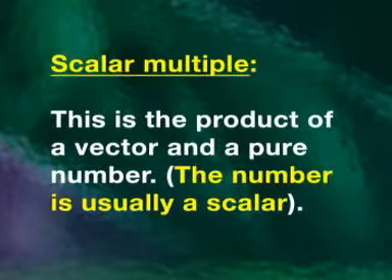Let's now consider scalar multiple. This is a product of a vector and a pure number. The number is usually a scalar.